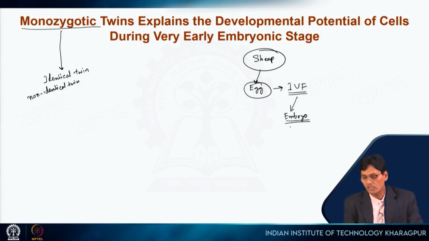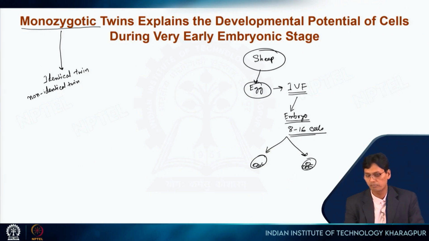So when this is just 8 to 16 cell stage, during this time, if they surgically split this embryo into two, this is a split embryo, but surgically conducted, right?